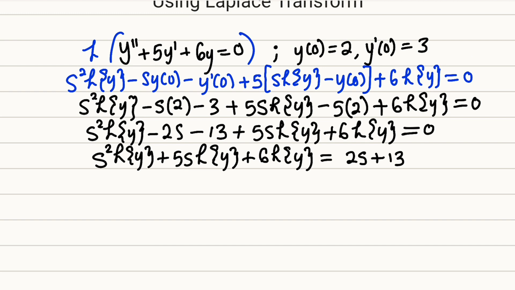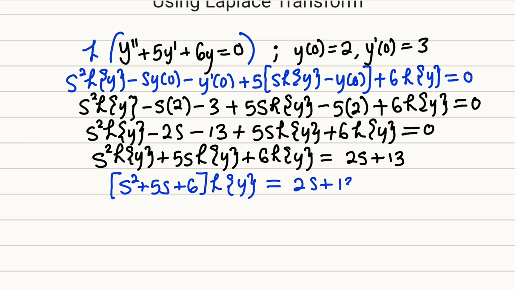Now let us factor out the Laplace transform from each of these 3 terms. We have s squared plus 5s plus 6 from each of these terms, all of this multiplied by the Laplace transform of y. To the right hand side, we still have 2s plus 13.